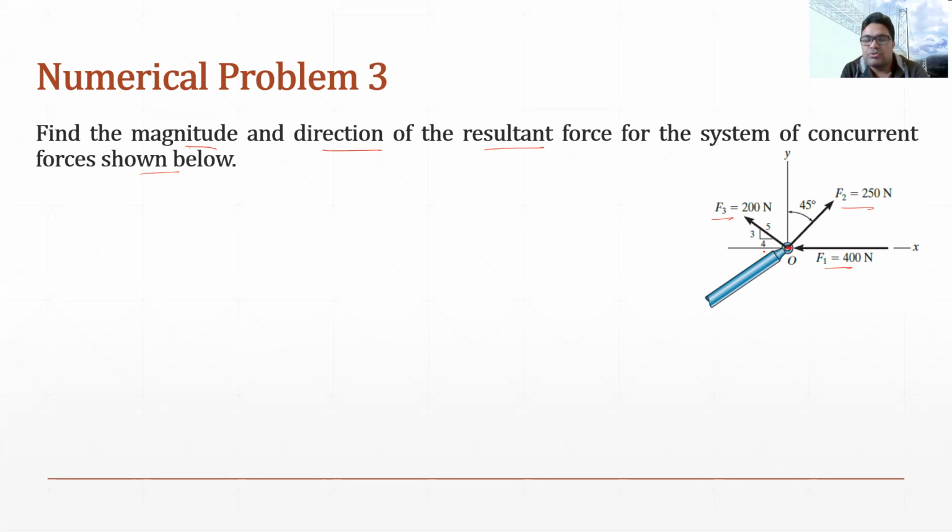First of all, we will convert the inclined force into vertical and horizontal components. F2 is inclined, so F2 will have two components, one along the x-axis and the second along the y-axis. It is making an angle with respect to the y-axis, so that also we have to see.